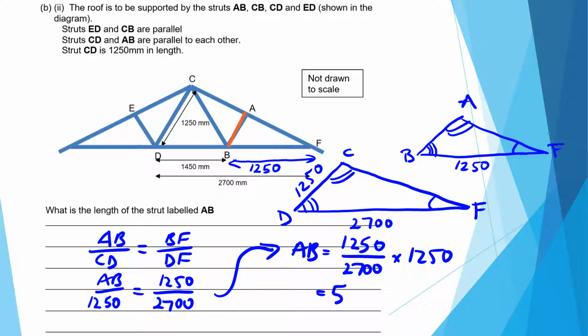Gets me 579 to the nearest millimetre. In terms of marking, if we got something like this, it was an achieved. If we got the final answer, then it was a merit. And there was different strategies that could be used here, but that one certainly worked.